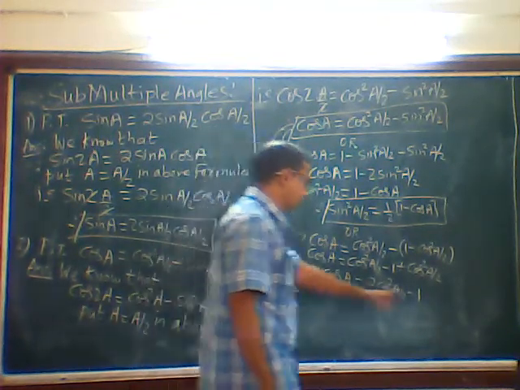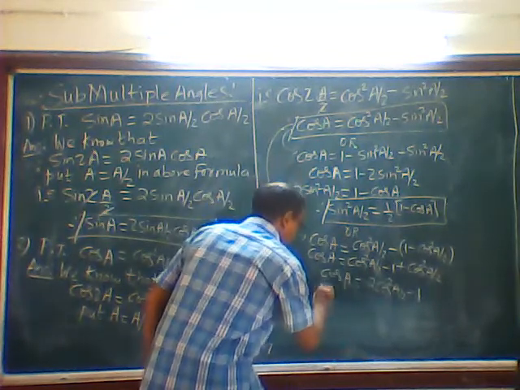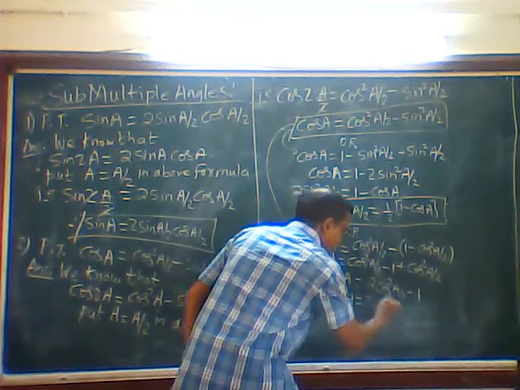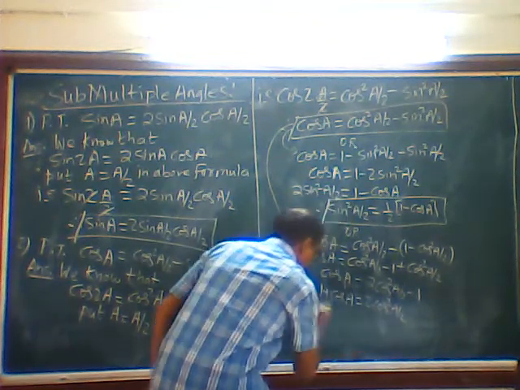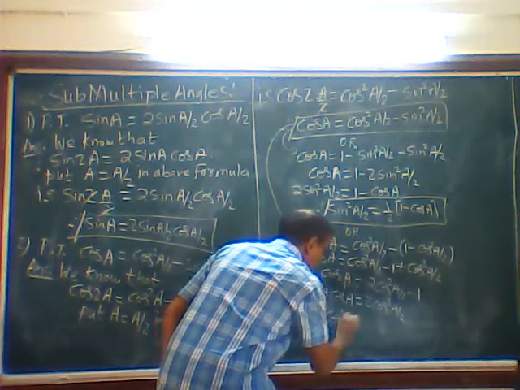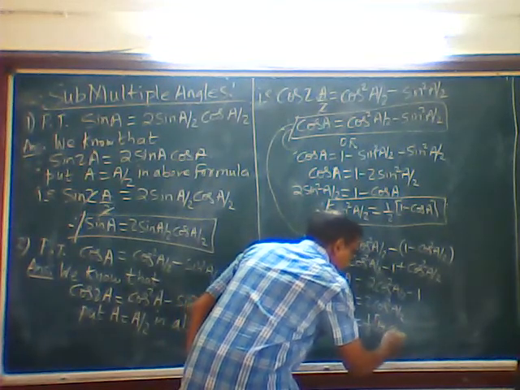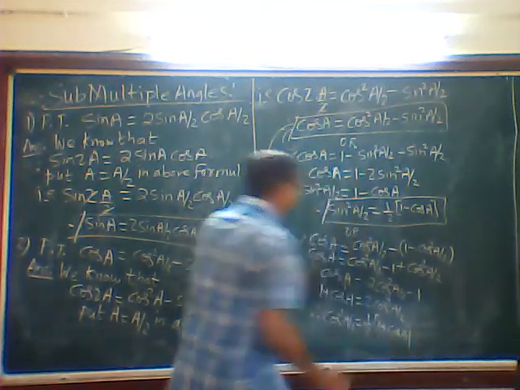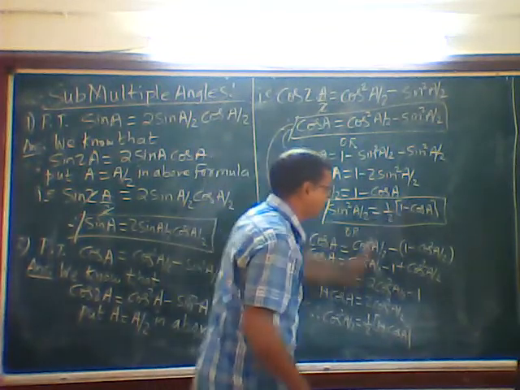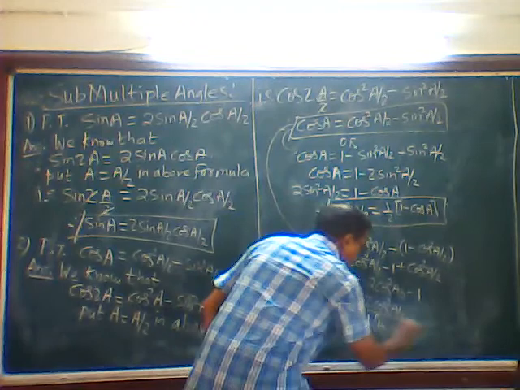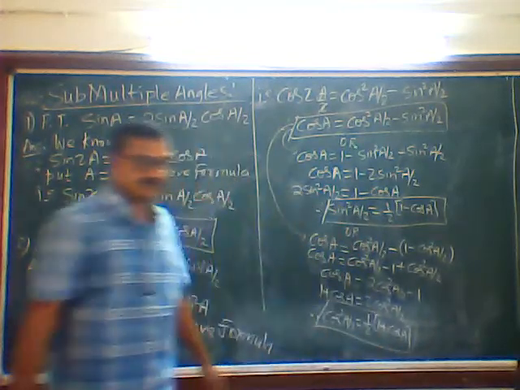Now what do I do? I will set this minus on this side, and it will become plus. Therefore cos square A by 2 is 1 by 2 into bracket 1 plus cos A. Sin square A by 2 is 1 minus cos A, and cos square A by 2 is plus. That's all, only the sign changes.